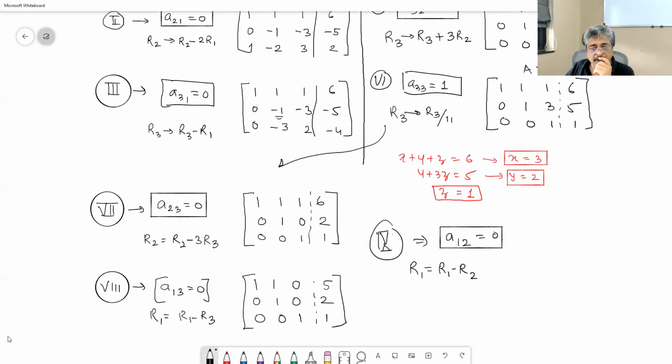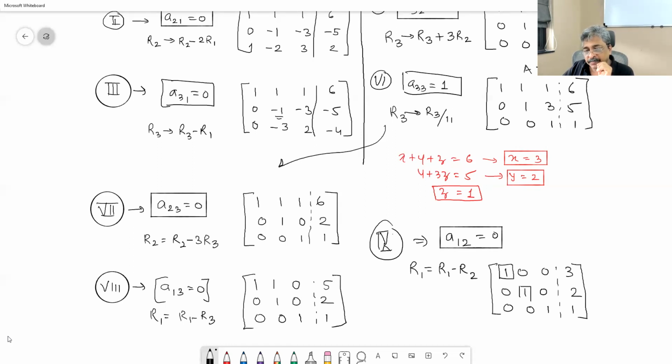Therefore you get the system as 1, 0, 0, 3; 0, 1, 0, 2; 0, 0, 1, 1.